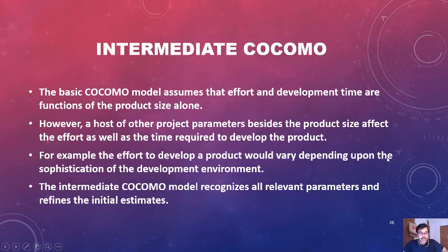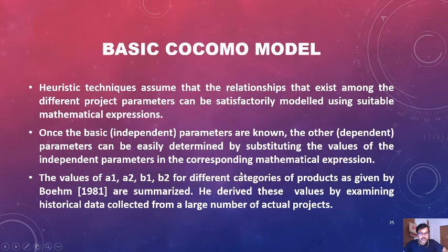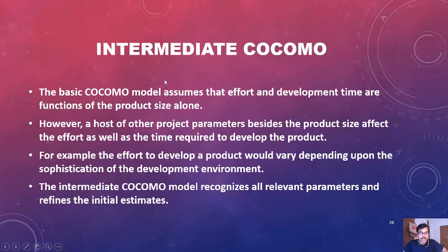Intermediate COCOMO. After calculating the basic COCOMO, it has been found that the basic COCOMO model assumes effort and development time are functions of the product size alone. However, a host of other project parameters besides the product size affect the effort as well as the time required to develop the product. We count only the kilo lines of code, but we cannot understand the complexity of that code.